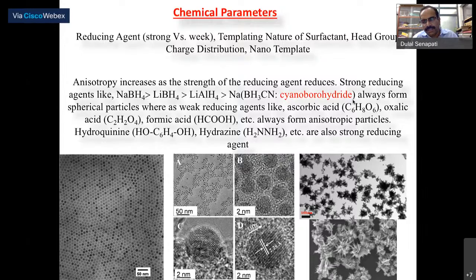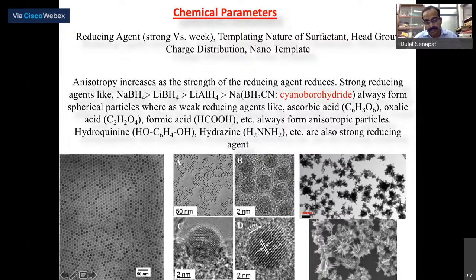But on the other hand, there are some weak reducing agents, as I explained for trisodium citrate. Along with trisodium citrate, there are ascorbic acid, oxalic acid, and formic acid, which all act as weak reducing agents. You clearly see in the leftmost picture and the middle one, all those are formed by the strong reducing agent. You can see these particles look perfectly spherical.